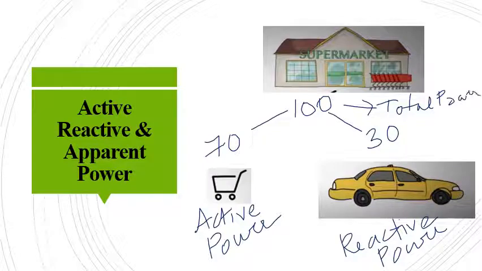In the case of an electrical network, the reactive power is not something that we could avoid, because if you are taking any machines, there will be some inductance and capacitance effect. So there will be some reactive power. What we can do is reduce the reactive power so that the total power can be reduced.